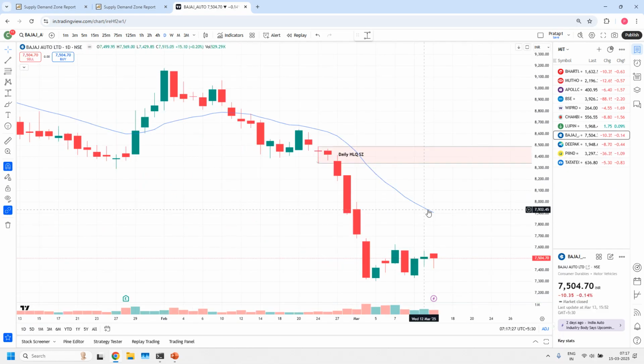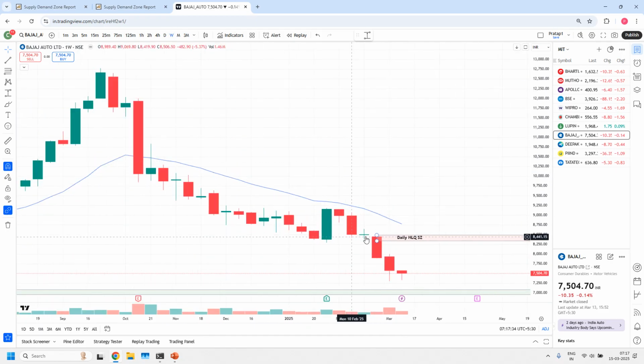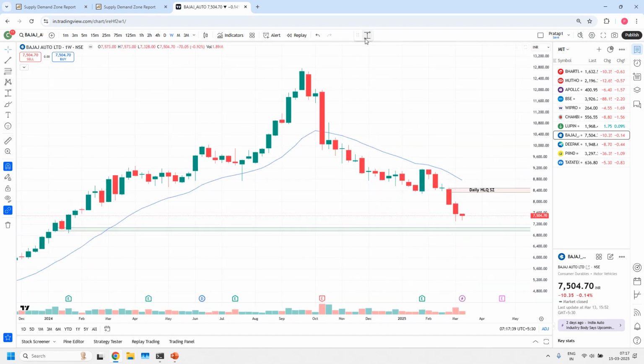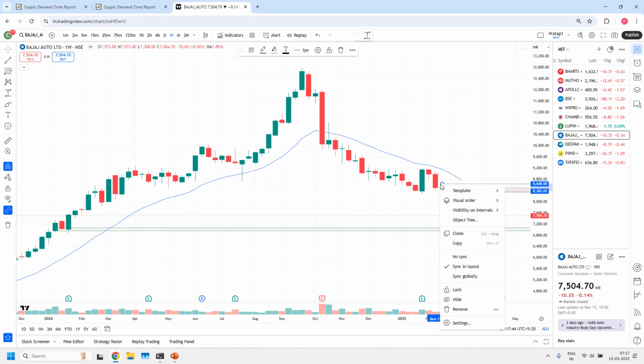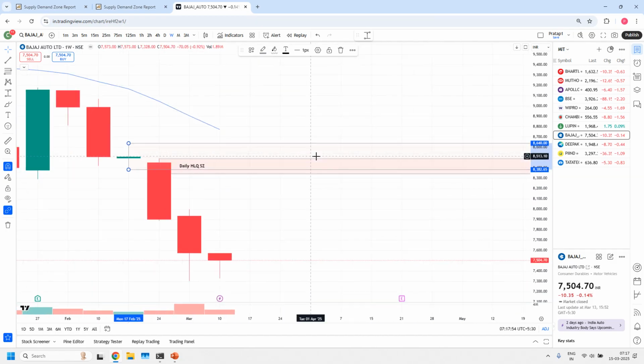Let's start with Bajaj Finance. Let's go to the weekly time frame. See here, we have a drop-base-drop. See here, we have a weekly supply zone drop-base-drop, and this daily supply zone is overlapped with the weekly supply zone.